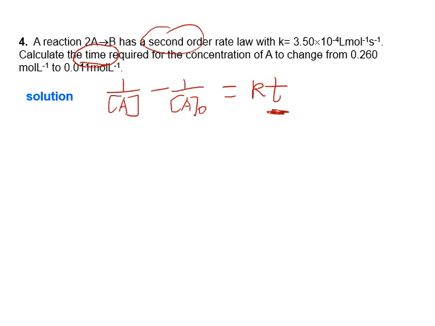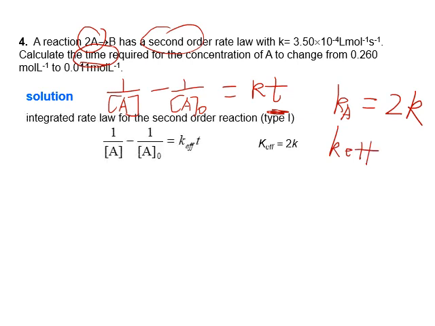The reaction has 2 times A. As we mentioned in class, whenever there's a coefficient 2 times A, the consumption rate for A is twice the reaction rate, and therefore the rate constant for A, so Ka, should equal 2 times the rate constant for the reaction. Ka is sometimes written as K effective.